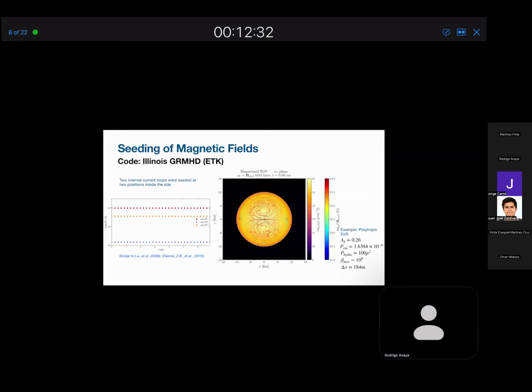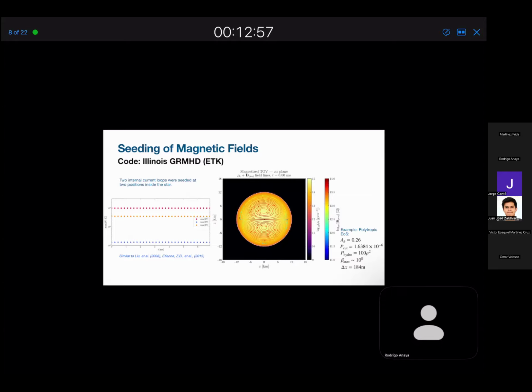As you see here, I again use the same case I was using before, the polytropic equation of state. These values for the amplitude, the cutoff pressure, and again the polytrope, and we have a parameter called beta max, which is the ratio of the magnetic pressure against the hydrodynamic or fluid pressure.